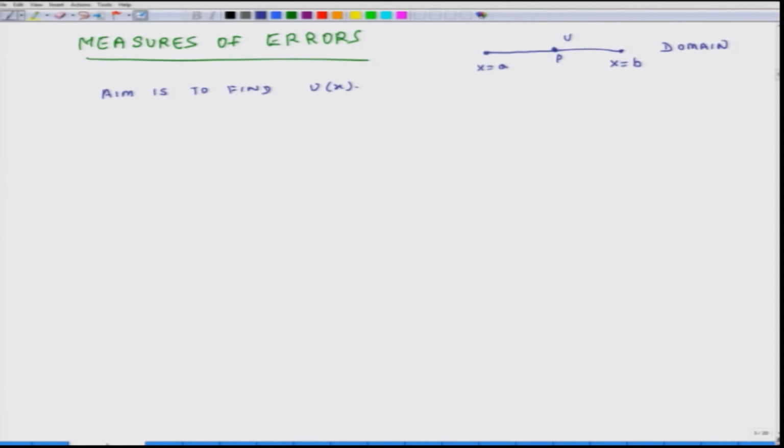Now, this u of x could have two solutions. One is the exact solution, and I call this exact solution u of x. And then there is another solution, and this is the inexact solution, the FEA solution, and by nature the finite element solution is inexact.